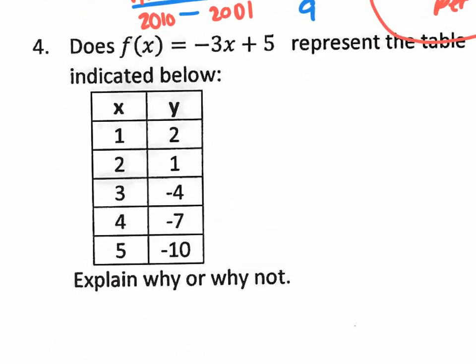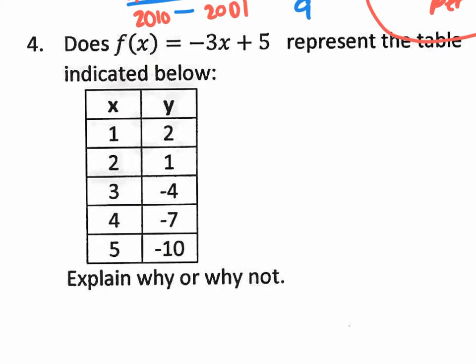Number 4, does f of x represent the table indicated below? What do you guys say? So if you're thinking right here, this is a function machine, and an XY table is really an input-output table. So if I take the 5, put it right here, negative 3 times 5, that's negative 15, plus 5, that's negative 10. Plug in 4 right there. Negative 3 times 4 is negative 12, plus 5, it is negative 7. So you're probably thinking that this does work.